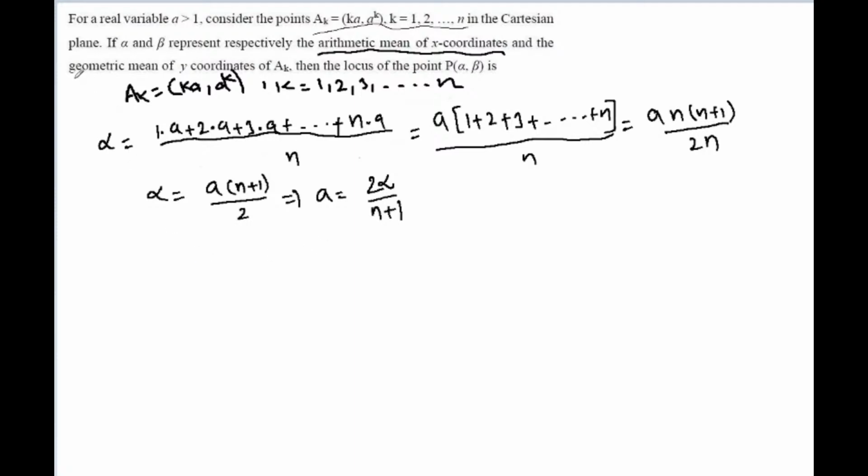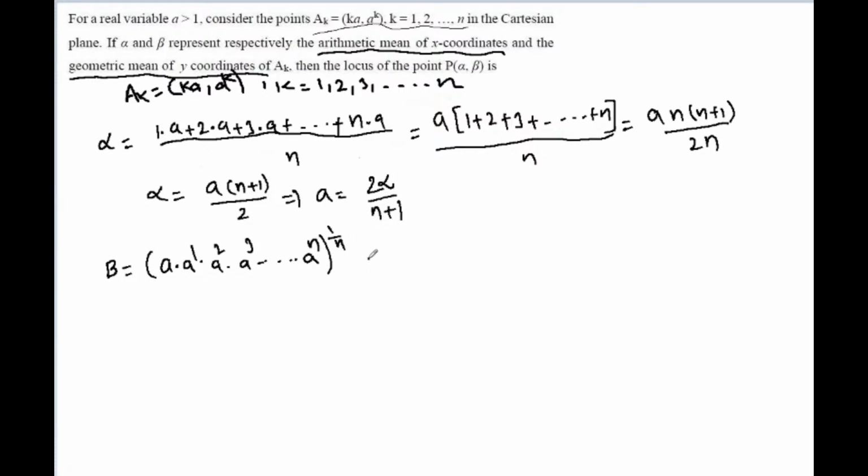And the geometric mean of the y coordinates is given as beta. That is beta is equal to (a into a square into a cube up to a to the power of n) whole to the power of 1 by n. This is the geometric mean of the y coordinates.